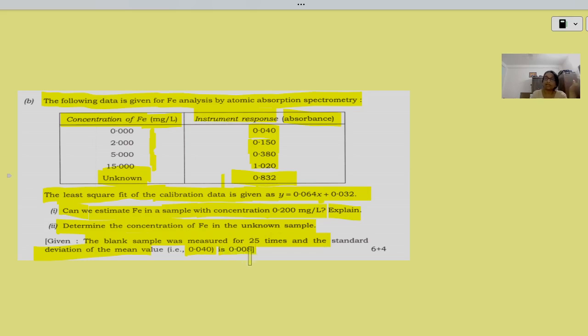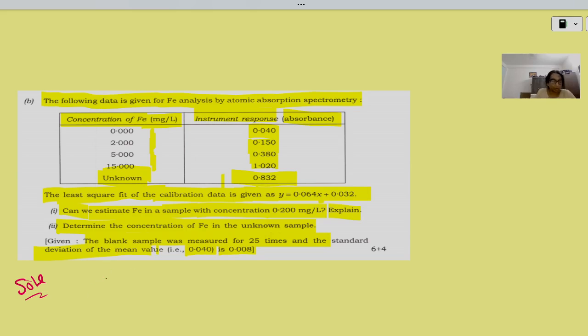Before starting our experiment, we have to calibrate our instrument with the help of a blank solution. Now start the solution of this question, and according to the concept we will try to solve the concentration of the unknown iron sample.